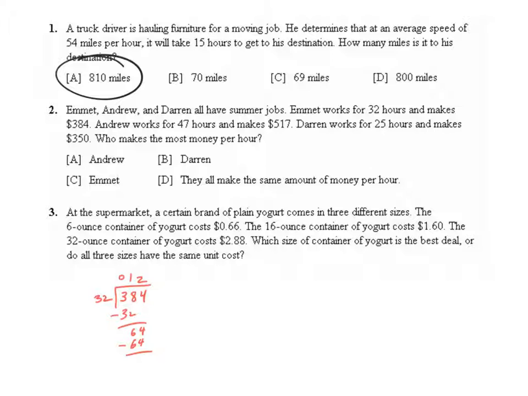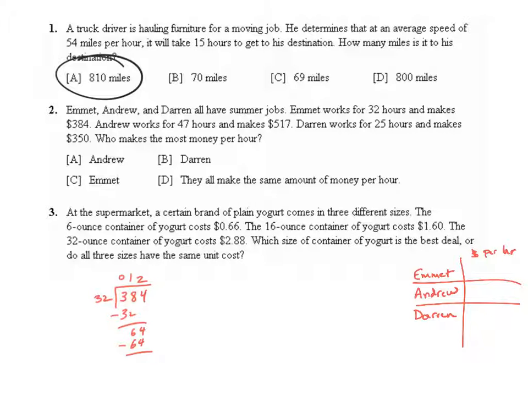So I can make a table out to the side with all three of these people, and then I can put their actual wages, the amount that they're earning per hour, in this table so that I can compare them. So over here, this is going to be dollars per hour.